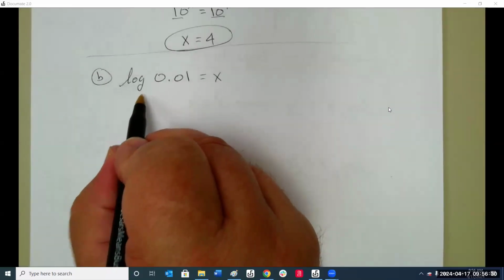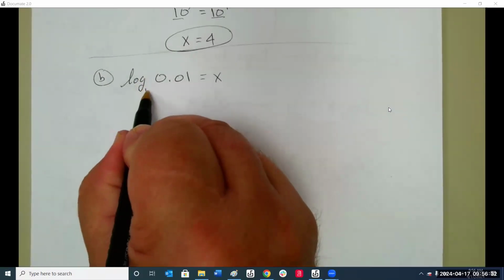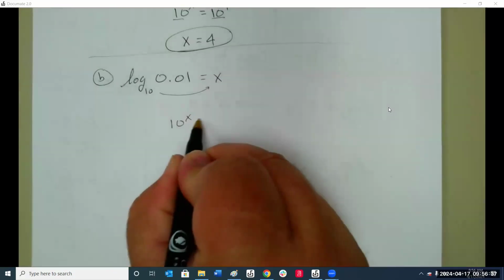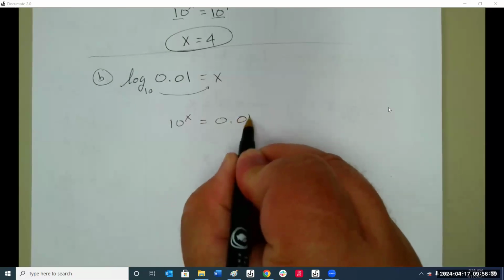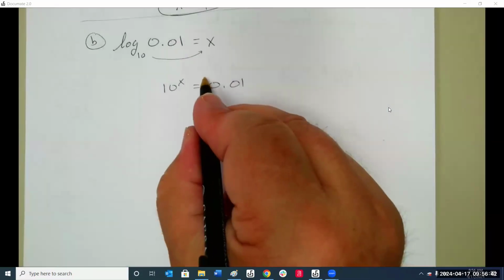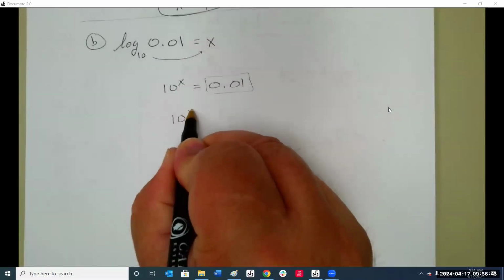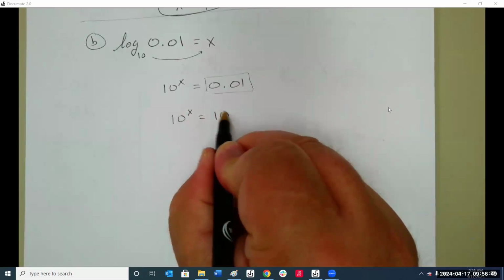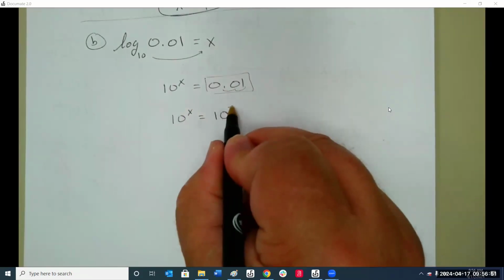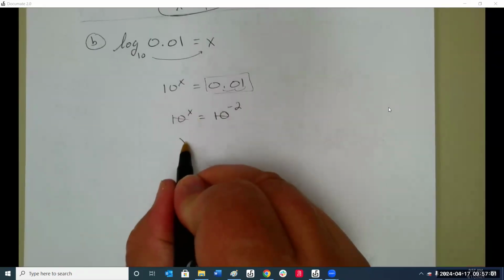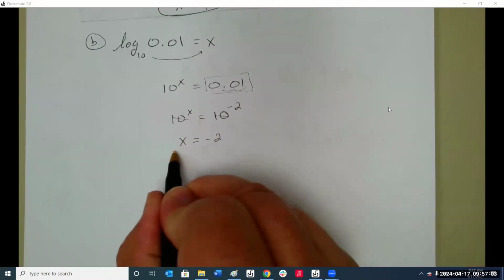What's the base? It's base 10. So it pushes that up. So we have 10 to the power x is equal to 0.01. How can we rewrite this one? This is the same as 10 to the power -2. Since the bases are the same, compare the exponents. So x equals -2.